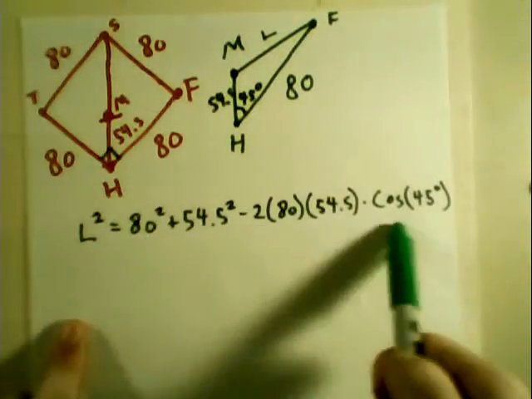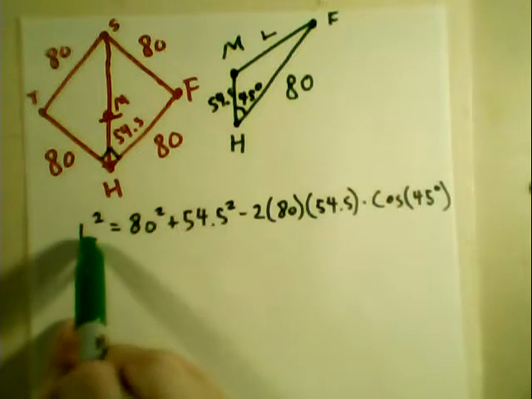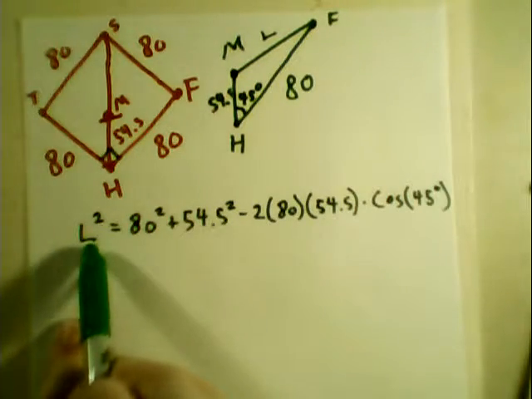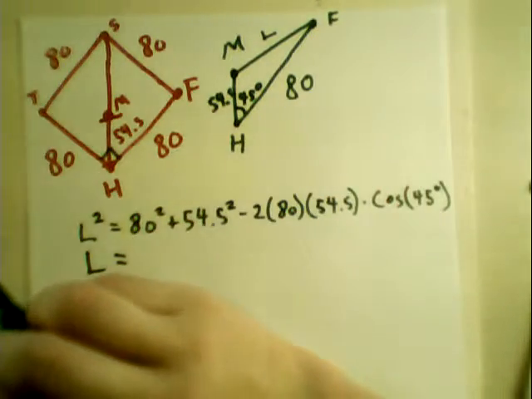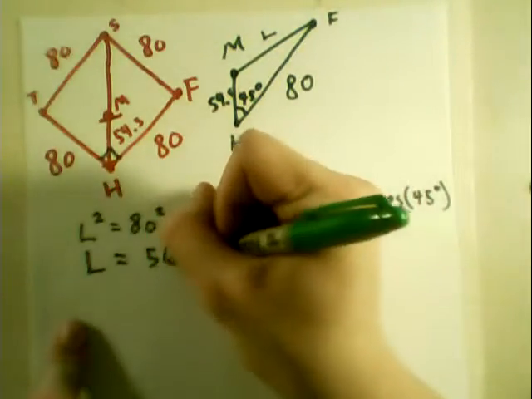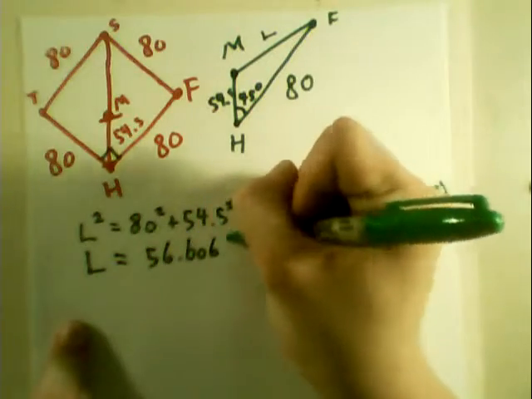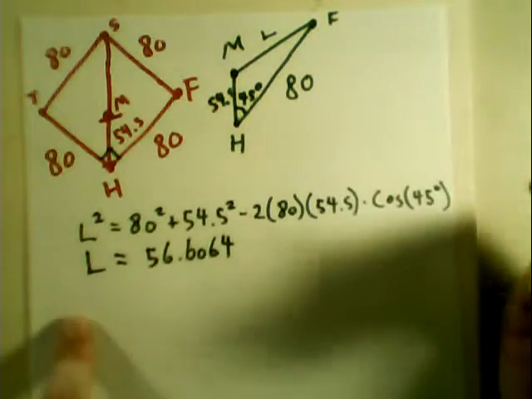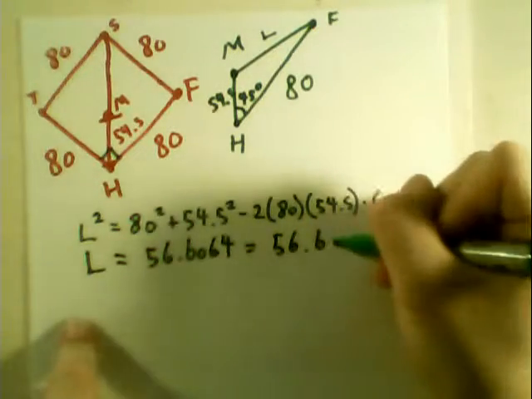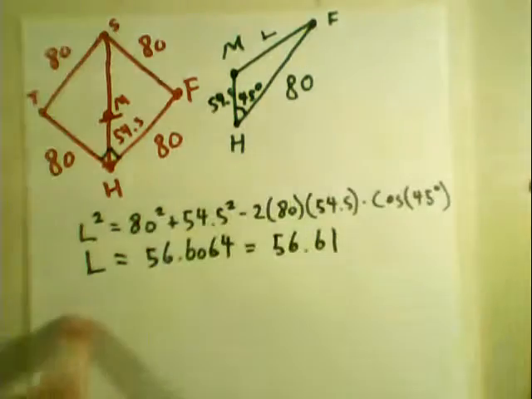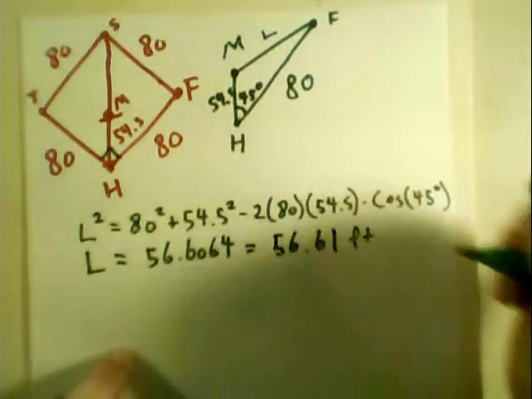So basically you type all this in your calculator, and then remember to square root it to get rid of the square. And we come out that L equals 56.6064. Always remember to round what it wants. I see that it wants 2 decimal places, so let's go with 56.61 feet.